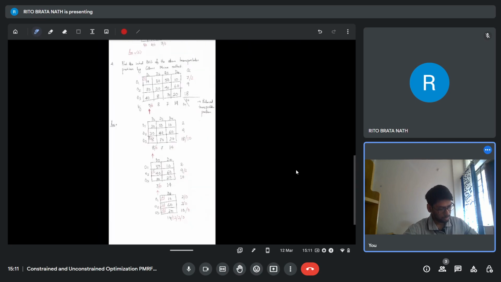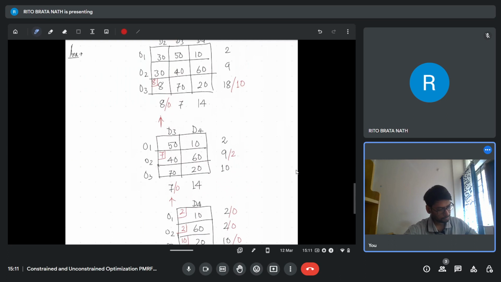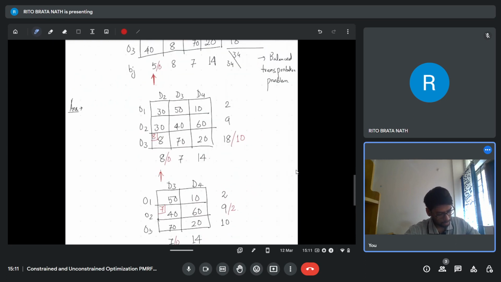Okay, so now let me calculate the cost. Let me also write this is column minima method.